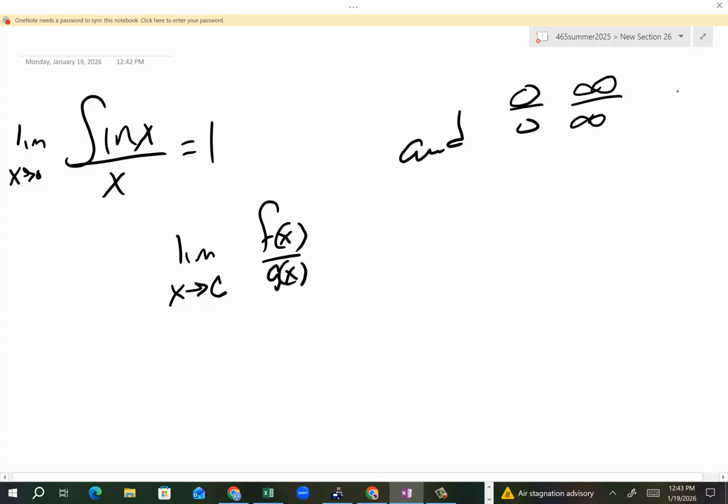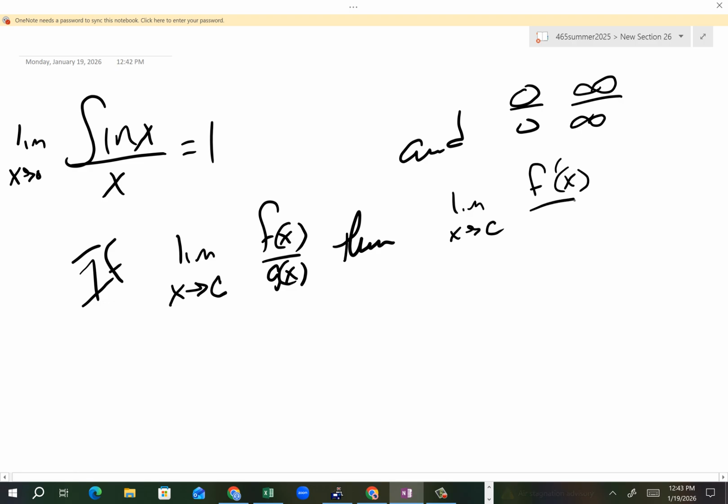But for right now, those two, then take the limit as x approaches c of the ratio of their derivatives. Notice I did not say take the derivative of the entire function. In other words, we will not, repeat, not be using the quotient rule. We'll be taking the derivative of the top, the derivative of the bottom, and then comparing their speeds.